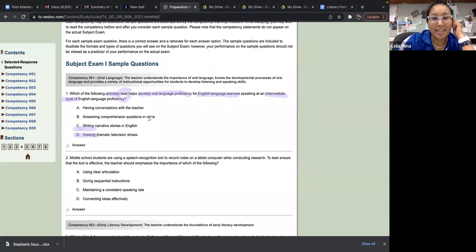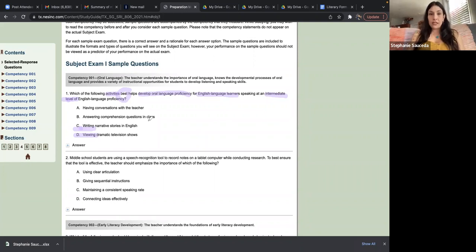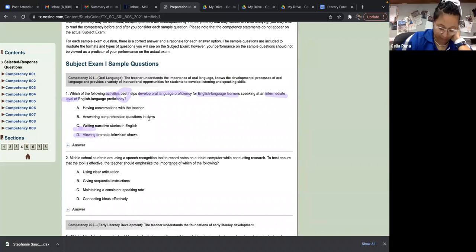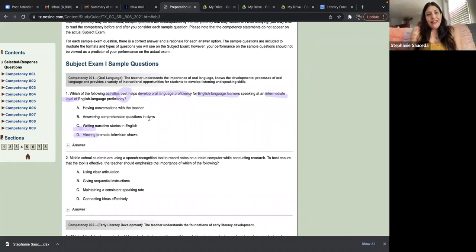I think that's more advanced and advanced high. Exactly, more advanced and advanced high. So that's not going to be the best way for you to build. Maybe for assessing them, if you want to assess them, they can answer comprehension questions in class. But this is the best way to develop more oral language proficiency.